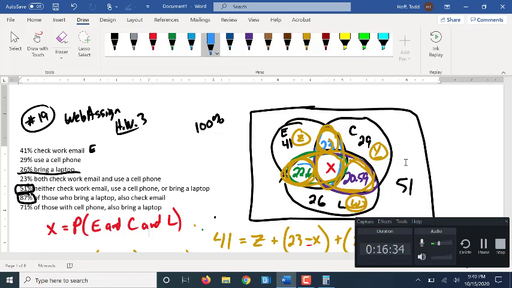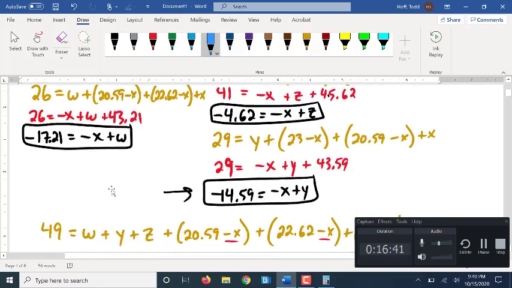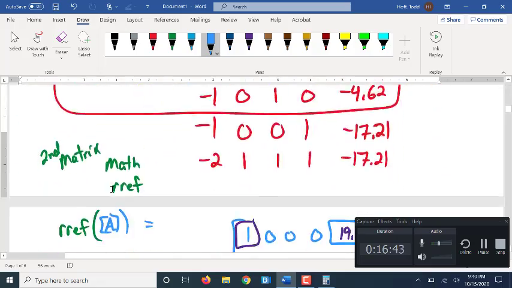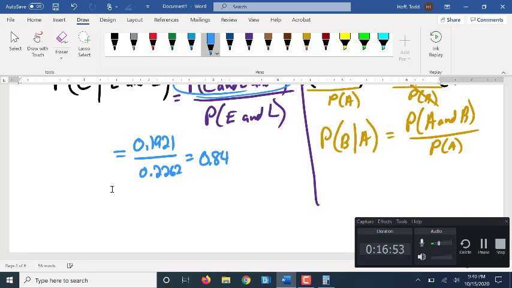E and L is the 22.62 here, so that's 0.2262. We divide that out, we get 0.8492. That is the probability of C given E and L.